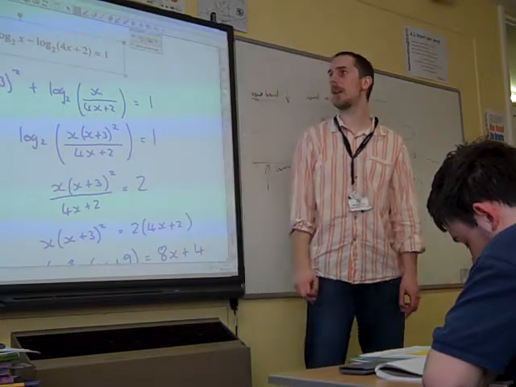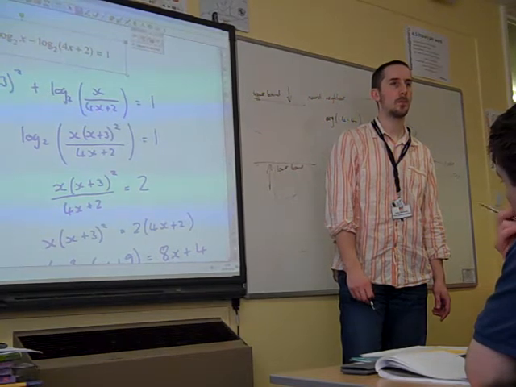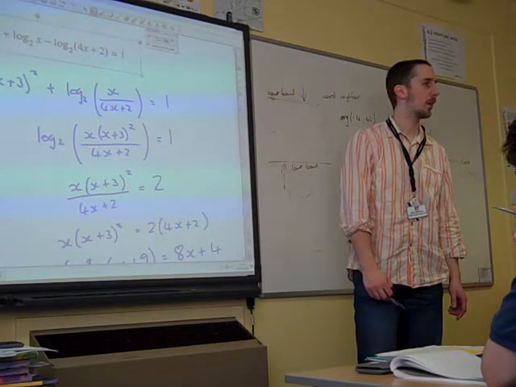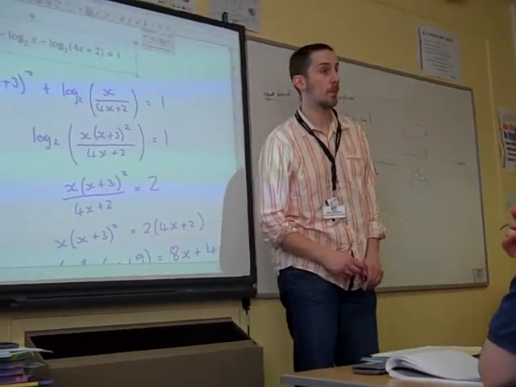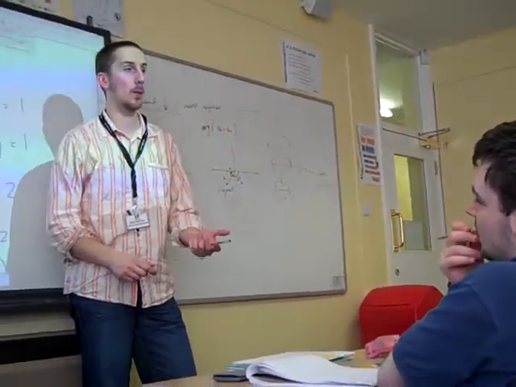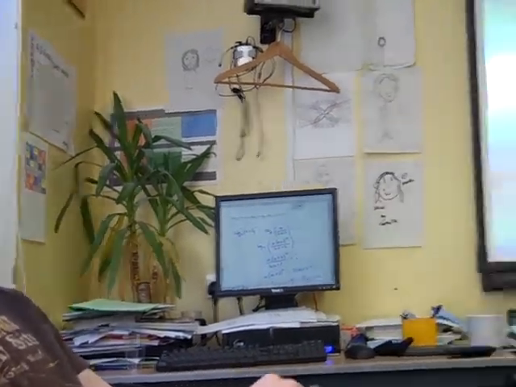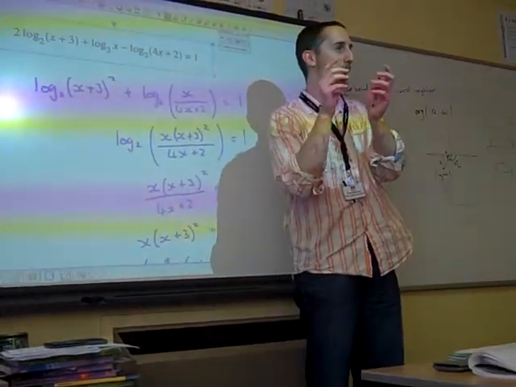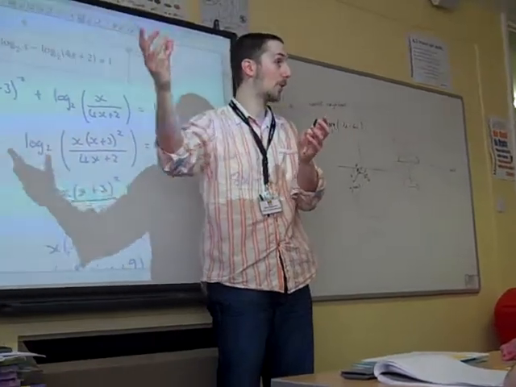Tell me something about the kind of numbers that you can put into a logarithm. What can you find the log of? If you're doing log base 2 of 4, you could work that out, because it's going to be 2. 2 squared is 4. A half you could do, because log base 2 of a half would be -1, because 2 to the -1 is a half.